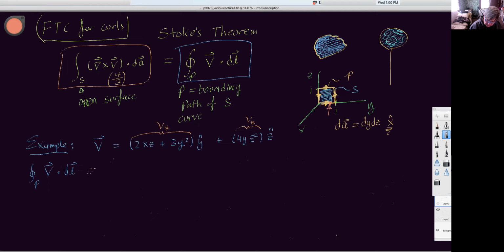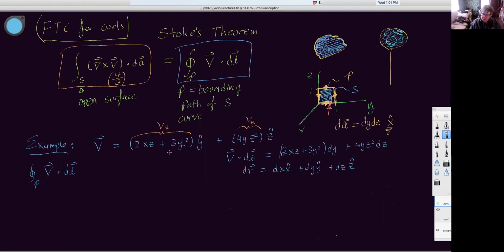Let's calculate v dot dl first. Remember, dl is the same thing as dr, which is dx x hat plus dy y hat plus dz z hat. So this is going to be 2xz plus 3y squared in dy, plus 4yz squared dz.